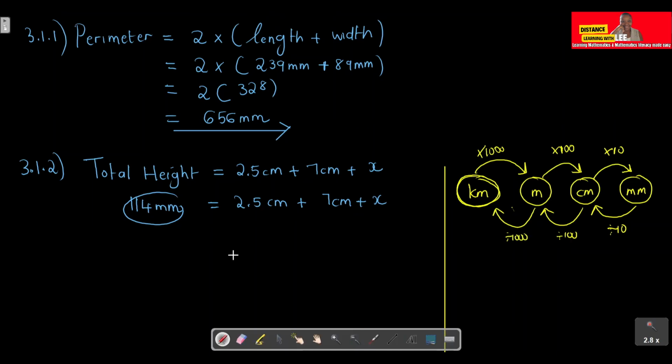In this case, what we're trying to do is convert our millimeters. So we are here, and we're trying to convert millimeters to centimeters. If you want to go from millimeters to centimeters, what are we supposed to do? We're supposed to divide by 10.